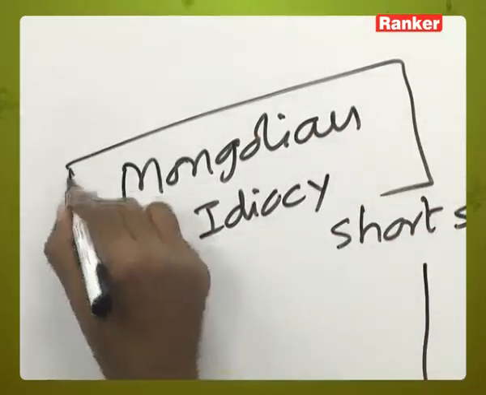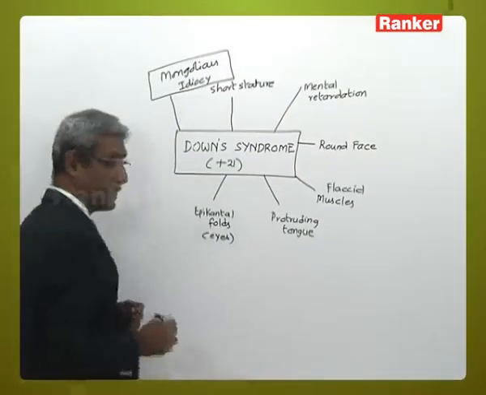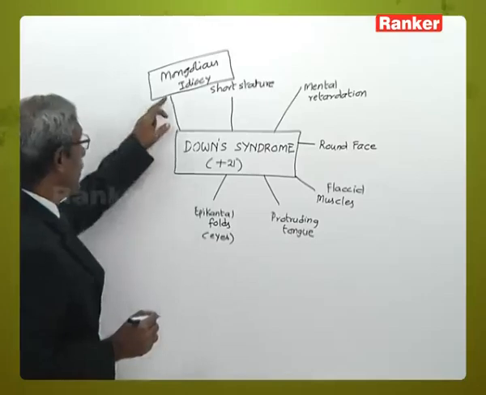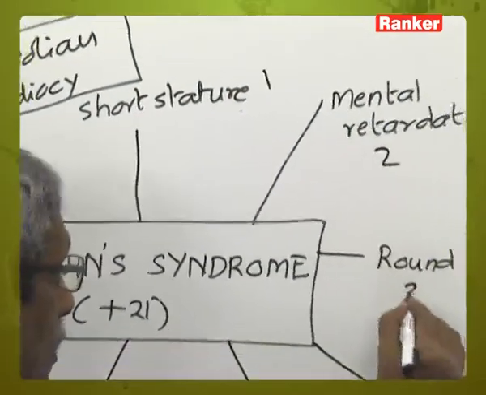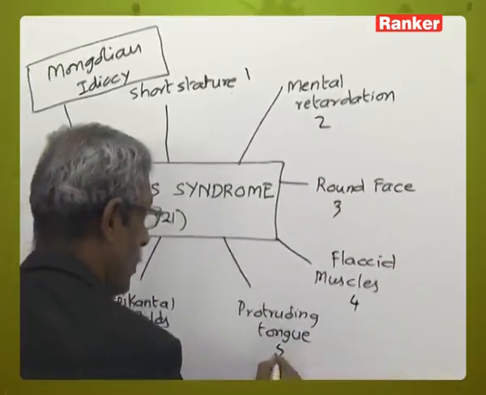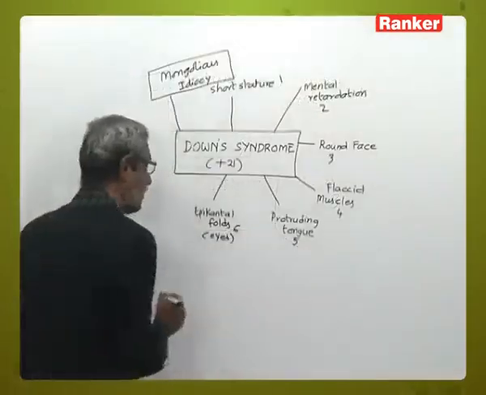This is a popular bit which normally comes in a medical entrance. So, the Mongolian idiocy shows short stature, mental retardation, round face, flaccid muscles, protruding tongue, and epicanthal folds on the eyes.